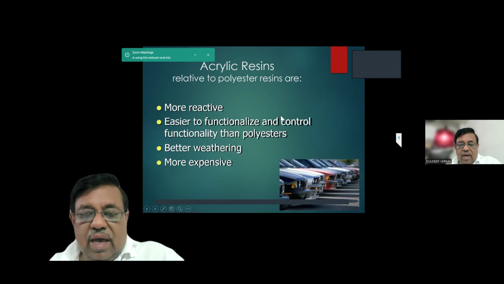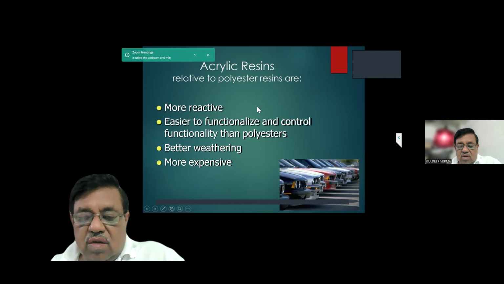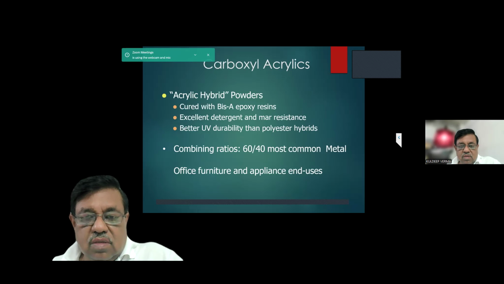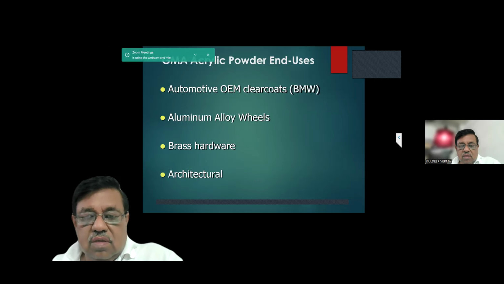Acrylic resin powders are also there, but nobody is making acrylic resin powder in India, because acrylic powder and powder made with epoxy and polyester are not compatible with each other. This is GMA acrylic powder and it is used in automotive.